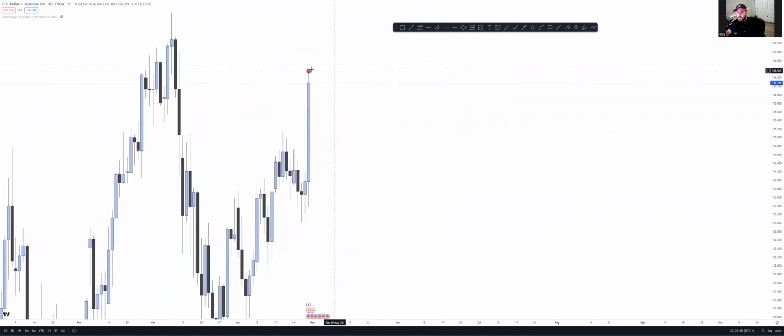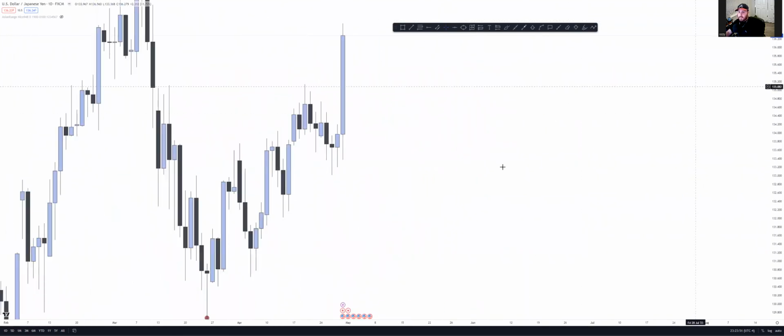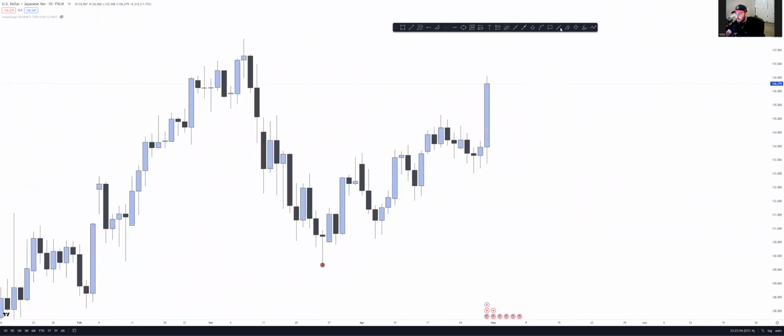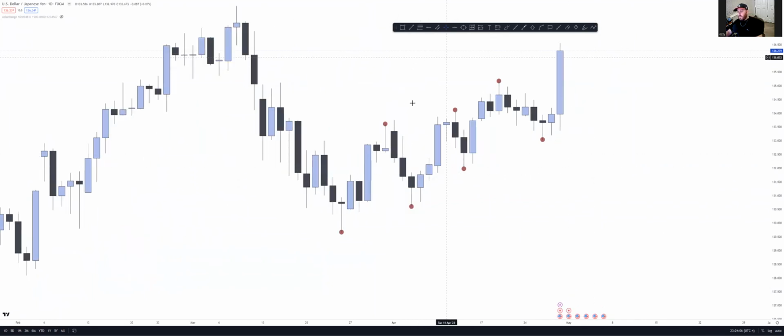All right. See how on the daily it looks a little bit smoother. It's easier to identify. Take advantage of that, of course, because this could really simplify the way that you trade.